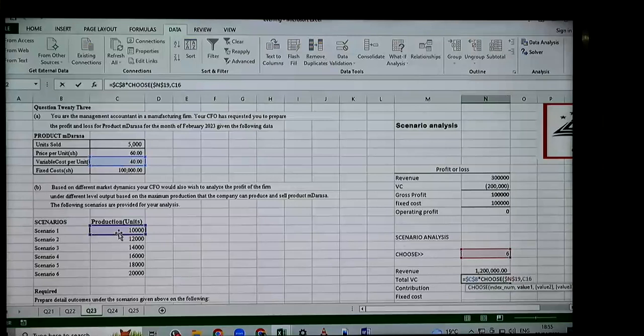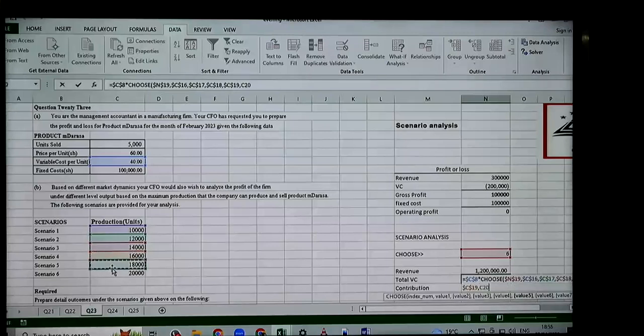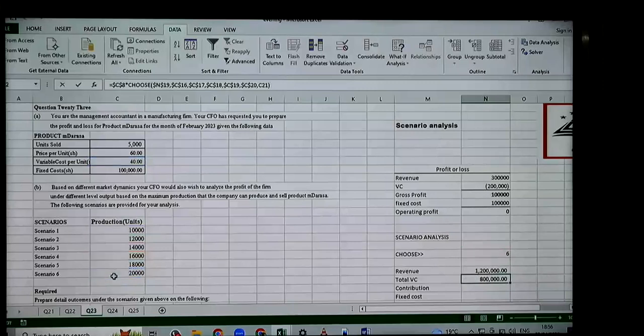We press F4 to lock, comma. Our second value, comma, our third value, comma, our fourth value, comma, our fifth value, comma, then our sixth value. I close the brackets. Control Enter.